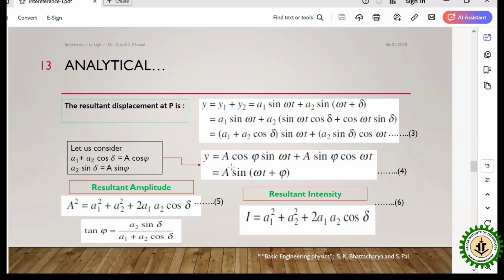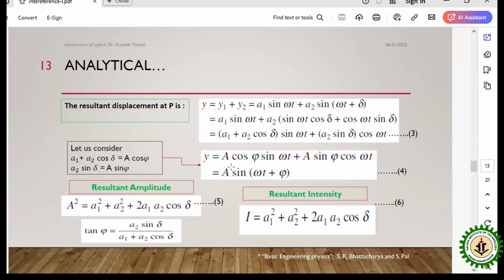And if we rearrange this equation in terms of coefficients of sin omega t and cos omega t, we find (a1 plus a2 cos delta) sin omega t plus a2 sin delta cos omega t. We need the resultant wave in the form of the individual waves.